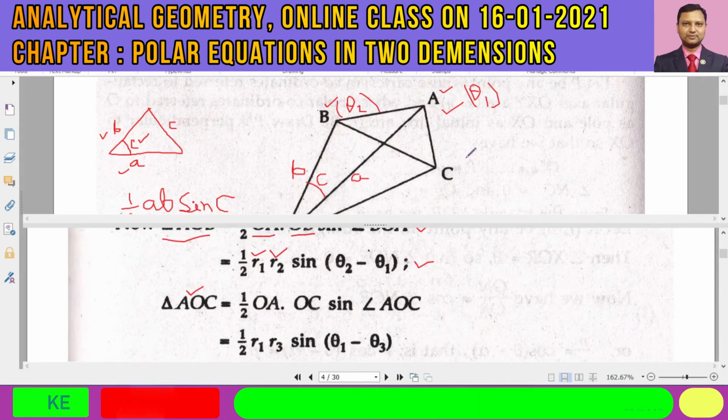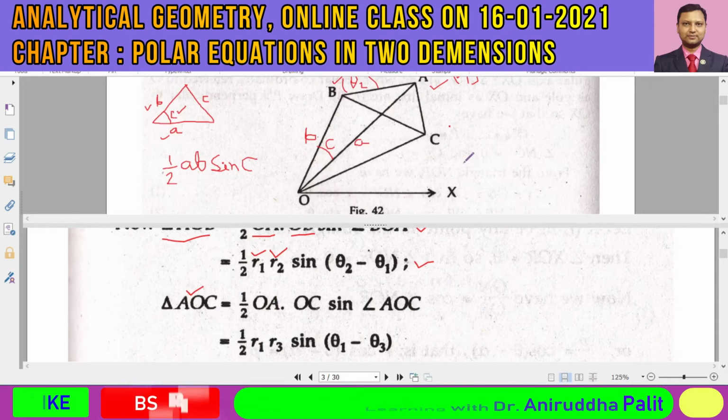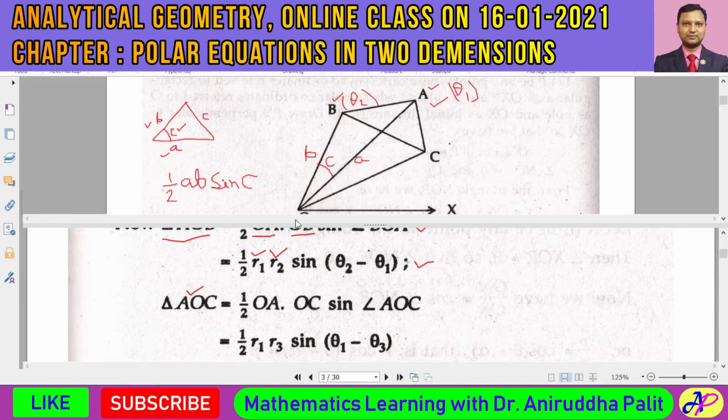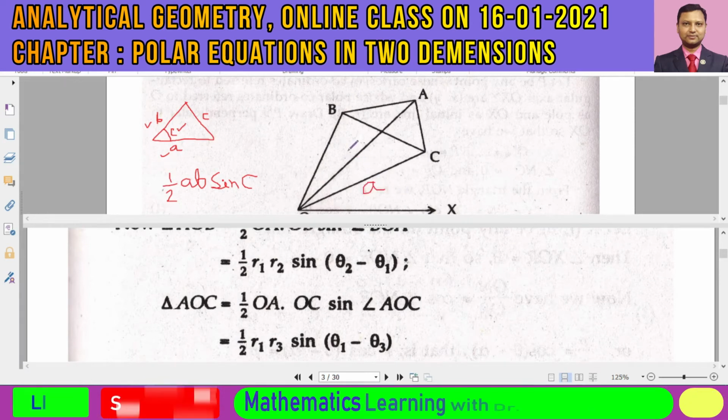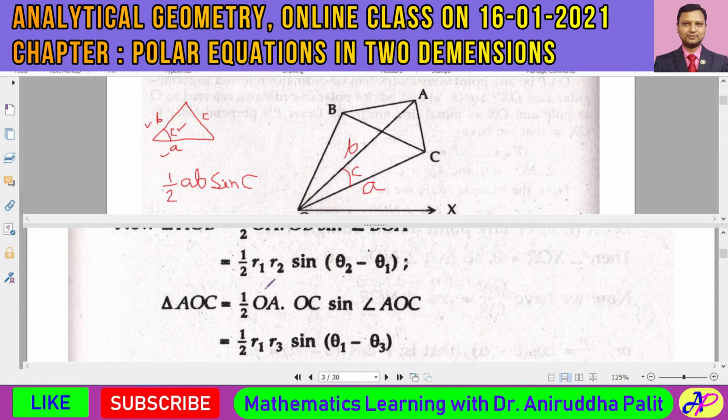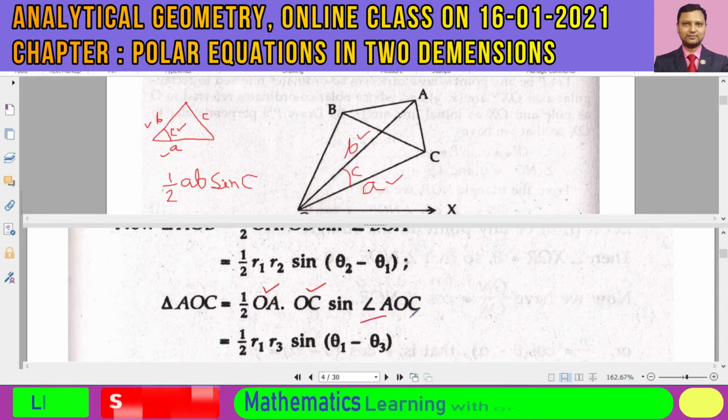In the triangle OAC, the adjacent sides are OA, which is small a, and OC, which is small b, and the angle between them is the angle C. Therefore OA is equal to R1, OC is equal to R3, and we need the angle AOC, this angle over here.